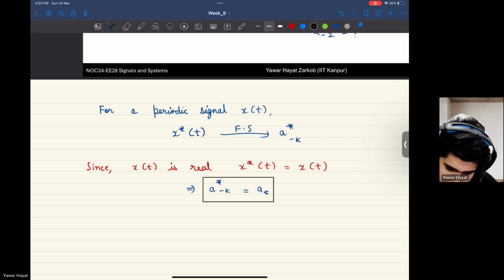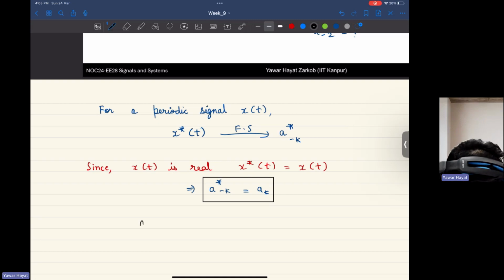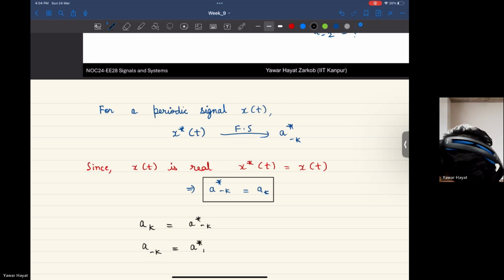Now you have ak equal to a star of minus k. If I replace k by minus k, we get a minus k equal to a star of k, right?